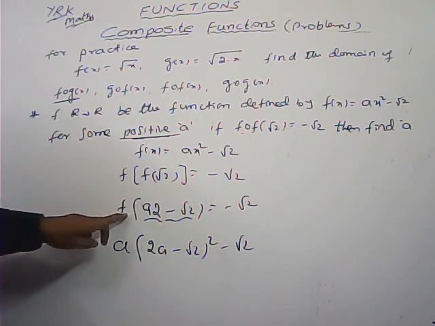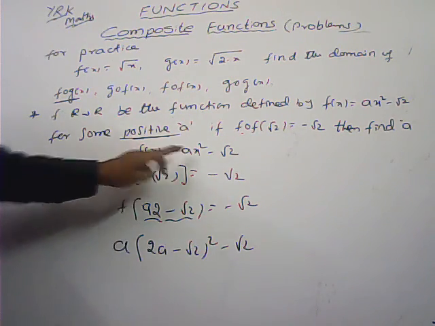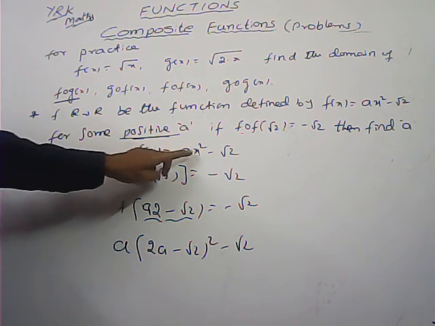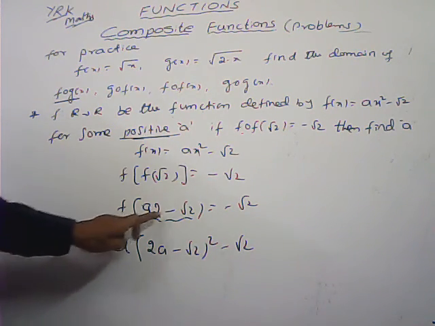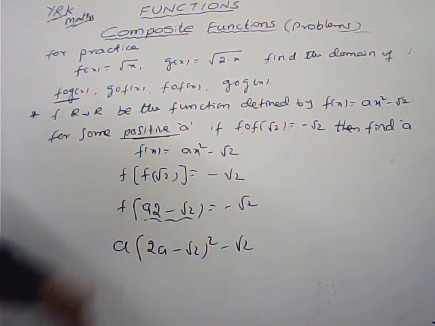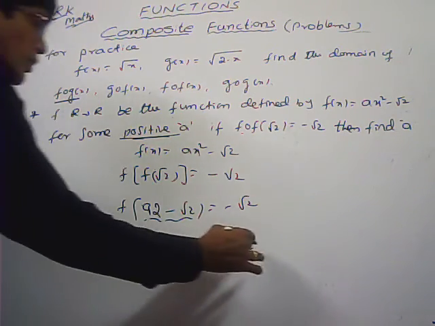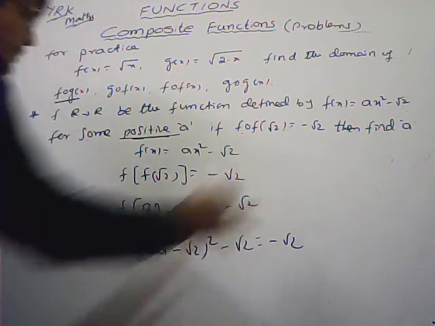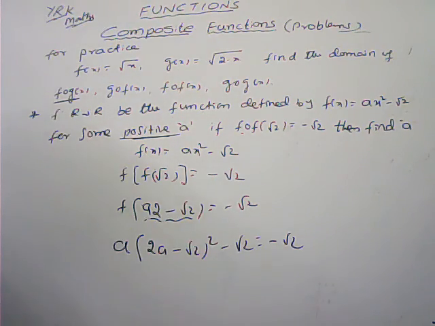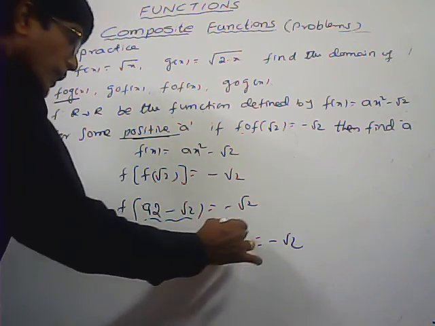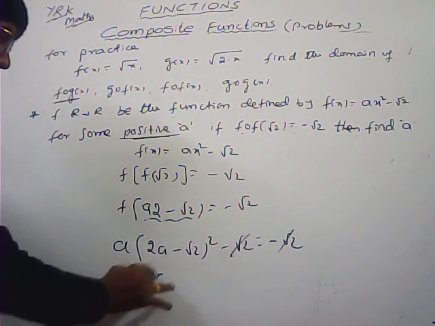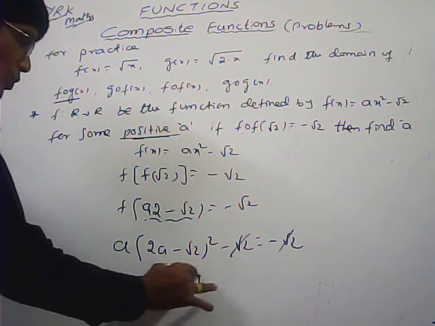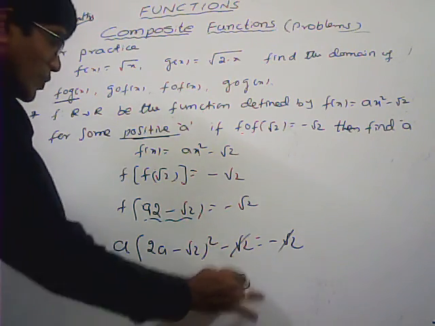This is in the form of f of x, in the place of x you can replace this one, a into (2a minus root 2) whole square minus root 2, that is equal to minus root 2. Now here minus root 2 we can cancel, and here we got a into (2a minus root 2) whole square, that is equal to 0.